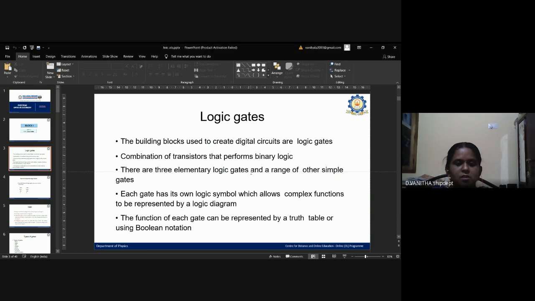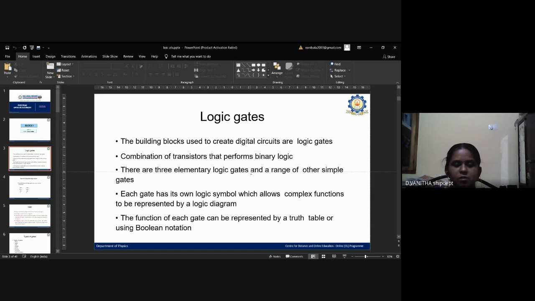Next, there are three elementary logic gates available, and other ranges of gates are also available. Each gate has its own logical symbol and allows complex functions. It will be represented by a logic diagram.